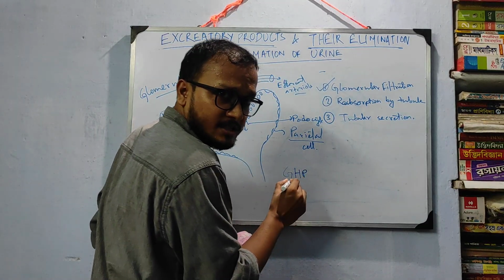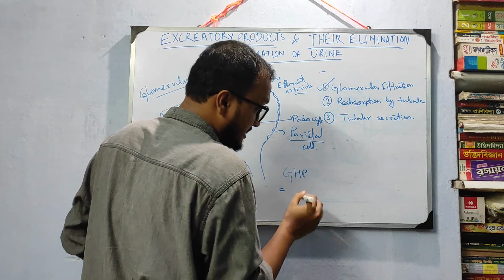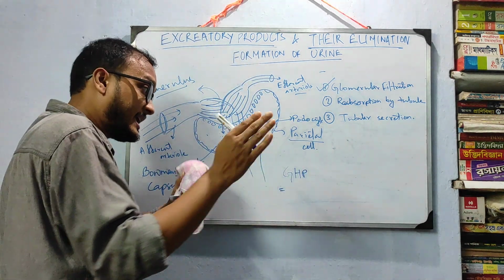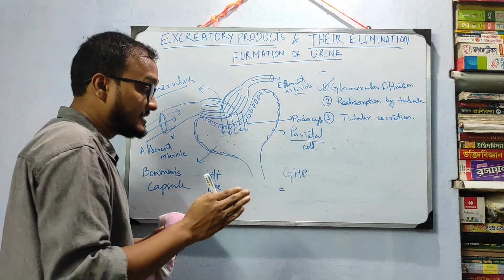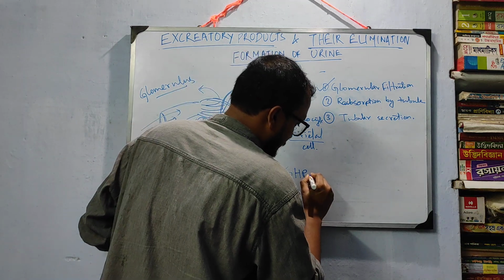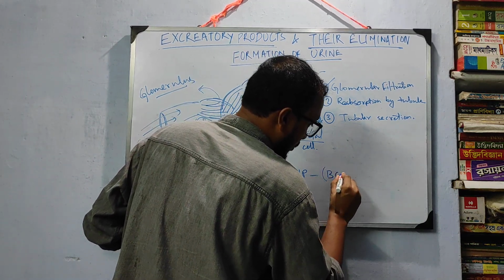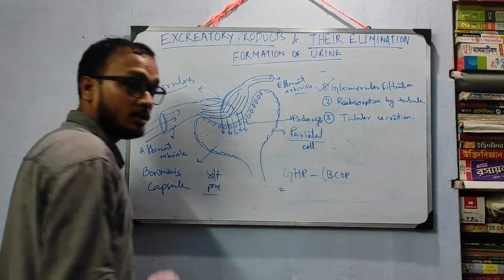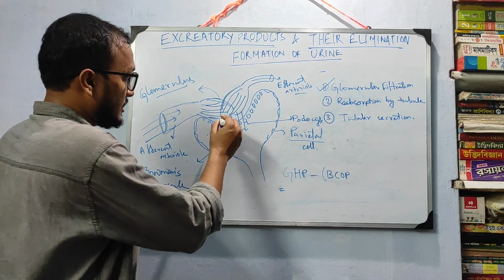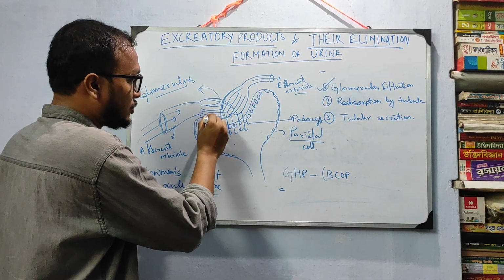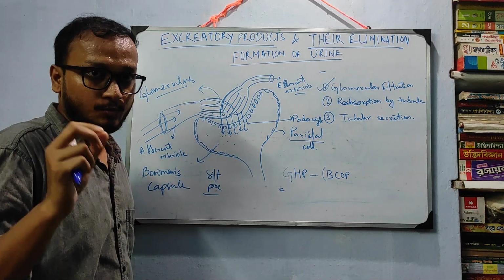Now, is only this pressure there? No, there are two other pressures that react against it. So GHP, who is reacting against it? That is blood colloid osmotic pressure. What is blood colloid osmotic pressure? There is the blood, and in the blood there are large proteins.